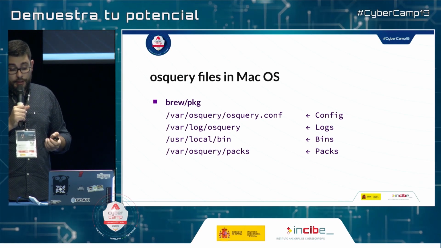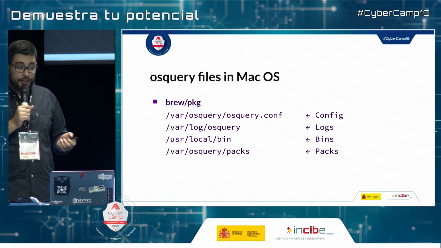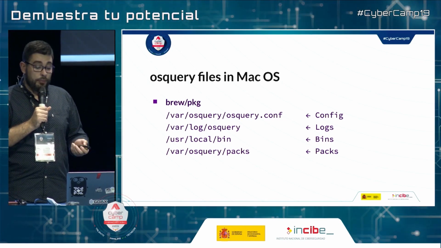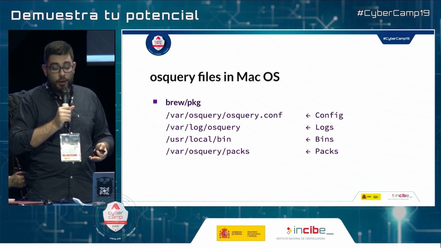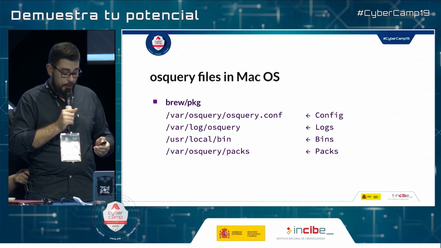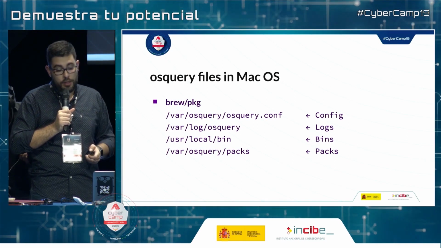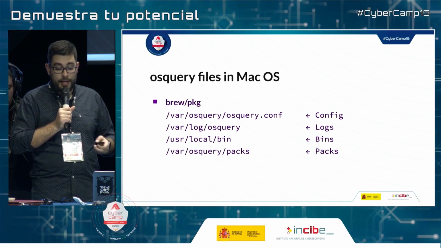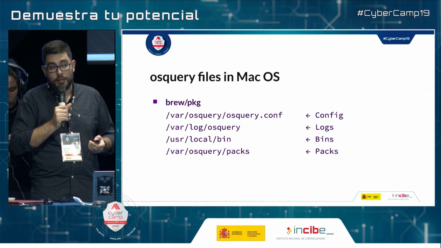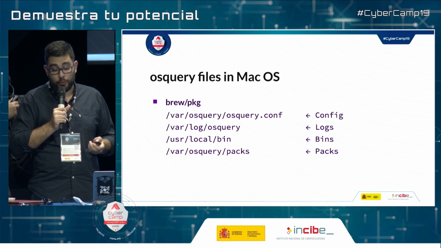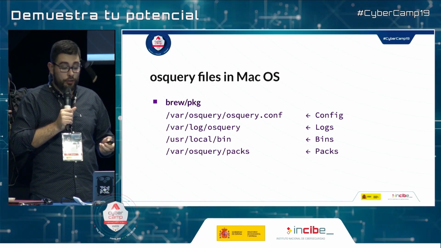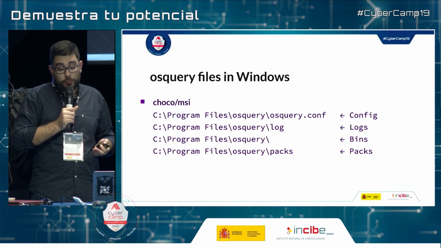It would be installed with brew. These are signed packages, and the difference is /etc/osquery becomes /var/osquery, the same for the logs, for the binaries and the packs and so on. So these are just the default paths for the system.